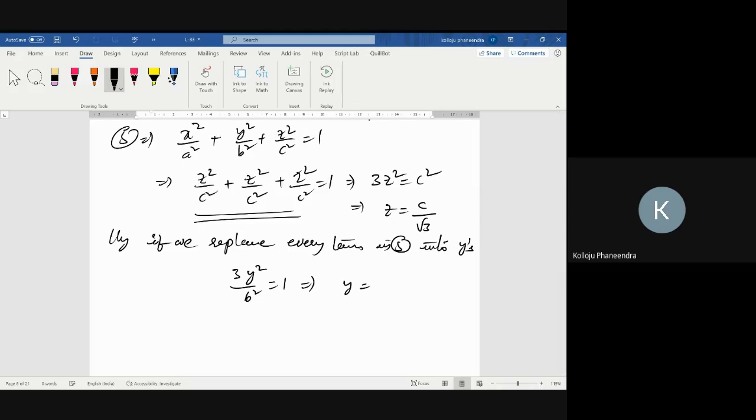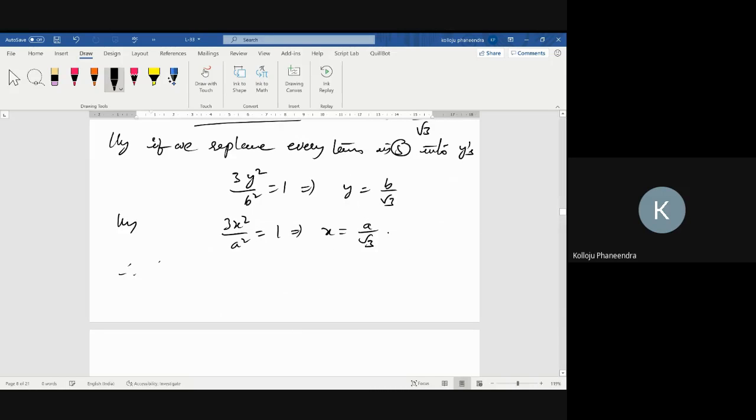So y equal to what? B by root 3. Similarly, 3x square by a square, every term in terms of x, I'm getting x equal to a by root 3. So what is the stationary point? Therefore, the stationary point is x, y, z equal to a by root 3, b by root 3, c by root 3.